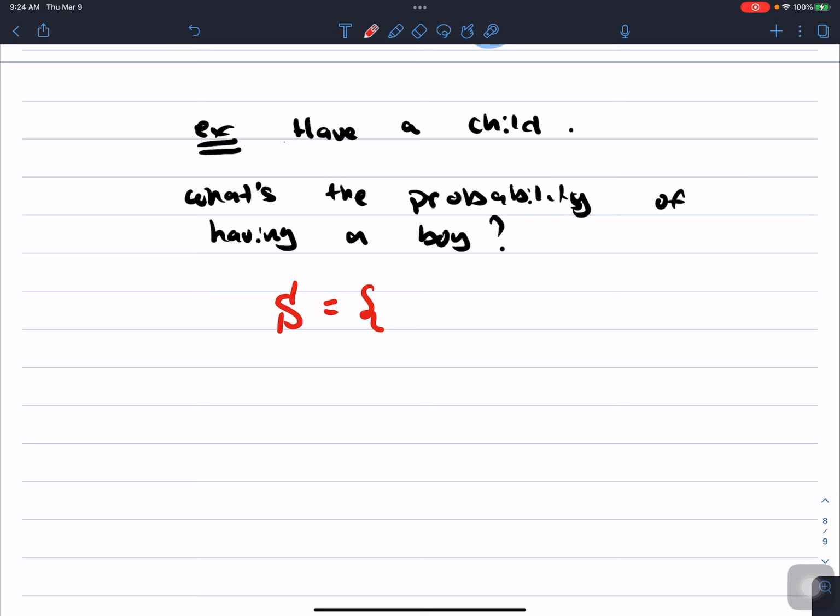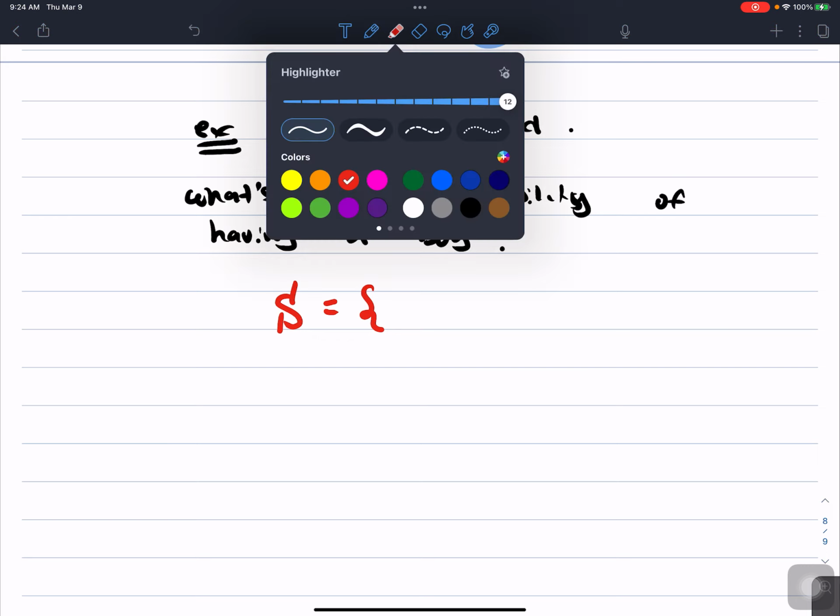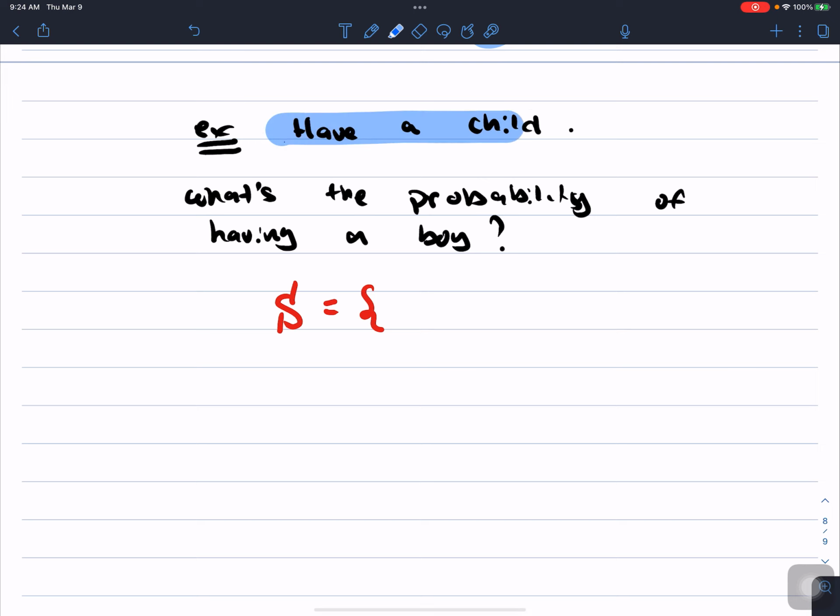When you have a baby, well, what's the experiment? You're going to have a child. Right? What's in the sample space? Is that true? Yep. Right? Wasn't that in our notes? We said you have a child. What could you have? Boy or girl?